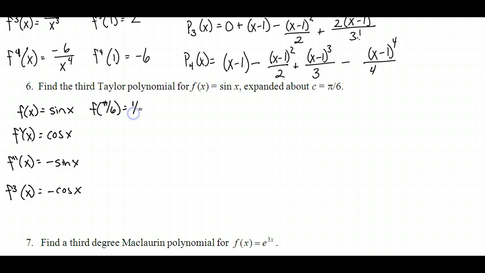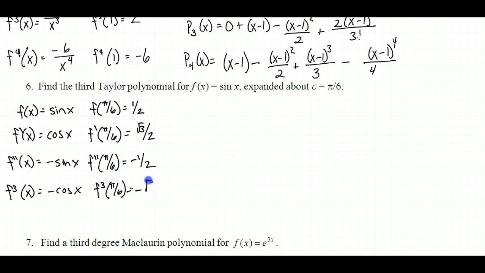Sine of pi over 6 is 1/2. I have to evaluate the first derivative at pi over 6. Well, cosine of pi over 6 is square root of 3 over 2. I want to evaluate the second derivative at that pi over 6, that centering point. That brings me to negative 1/2. And I have to evaluate the third derivative at pi over 6, which is negative square root of 3 over 2.